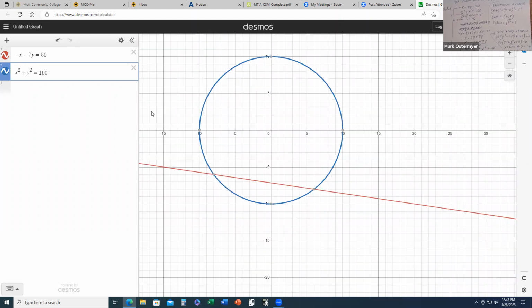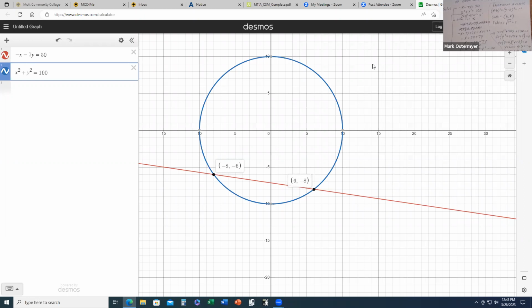So we can see that the graph of the first equation is this red line. The graph of the second equation is a circle centered at the origin with a radius of 10. These two graphs do intersect at 2 points, and would you believe the 2 points of intersection are the two ordered pair solutions that we got by solving the system using the substitution method. And there you go, there's your two solutions.